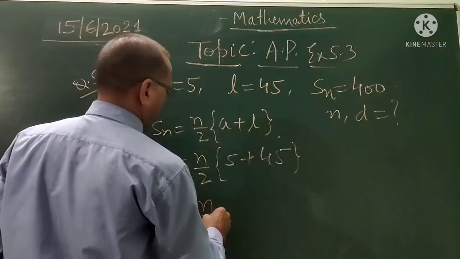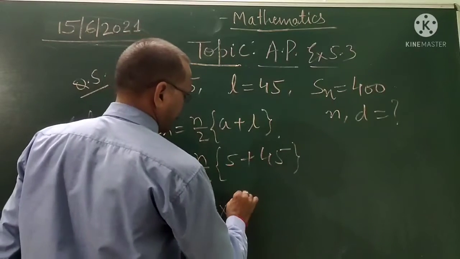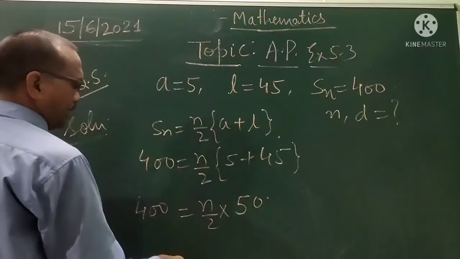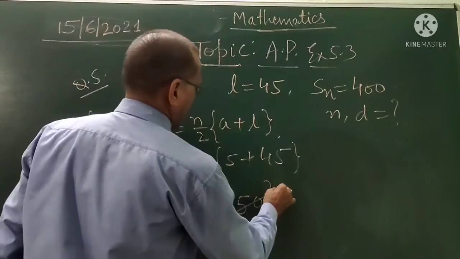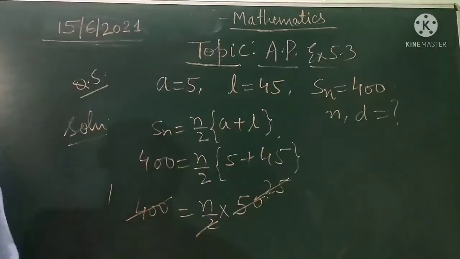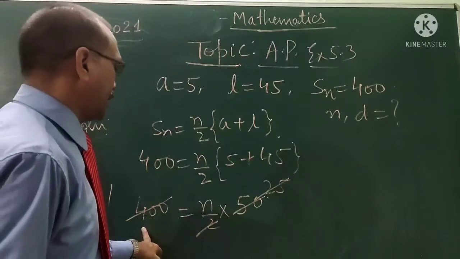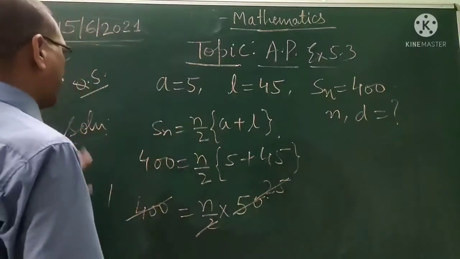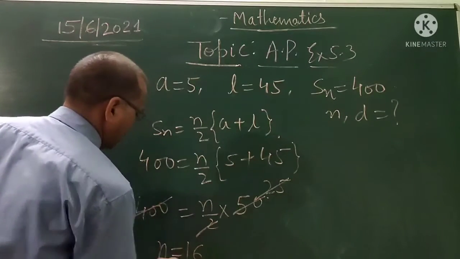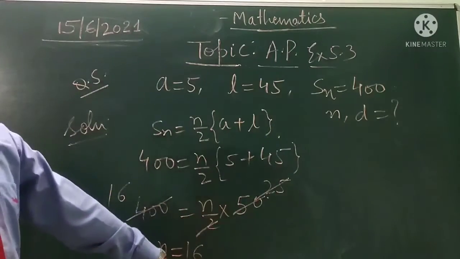Now it is n by 2 into 50. It is 400. Let's cancel it. It is 25. 25 times 16 is 400. So n equal to 16. The value of n is 16.